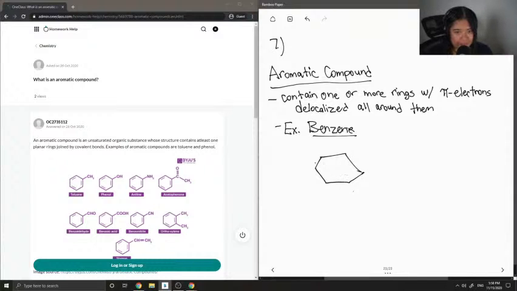There. Couldn't draw shapes. And basically, benzene has 3 double bonds, and in between each double bond is a single bond.